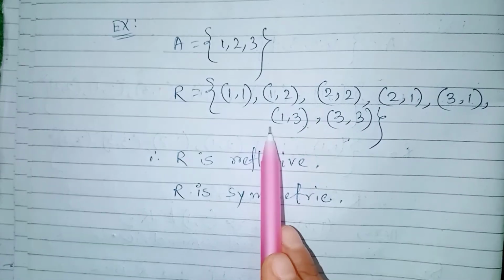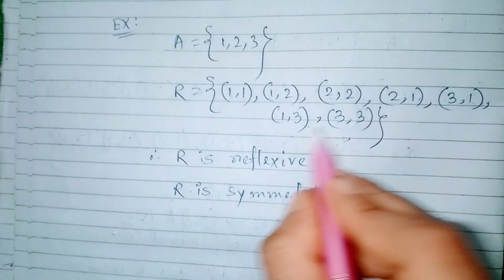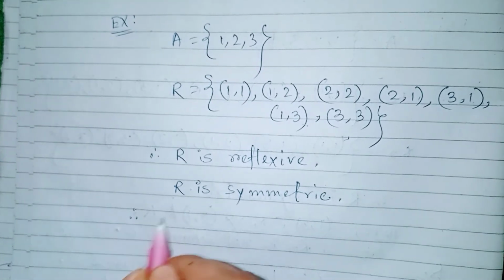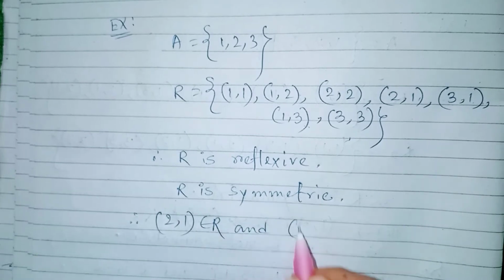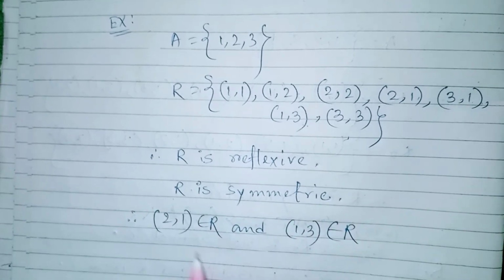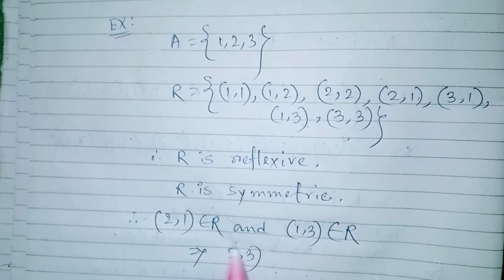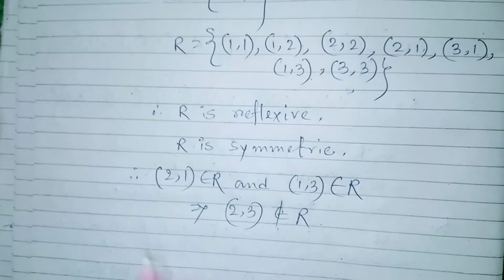If we cancel out 1, then (2,3) should be here, but (2,3) is not here. So (2,1) belongs to R and (1,3) belongs to R, which implies (2,3) does not belong to R. Therefore R is not transitive.